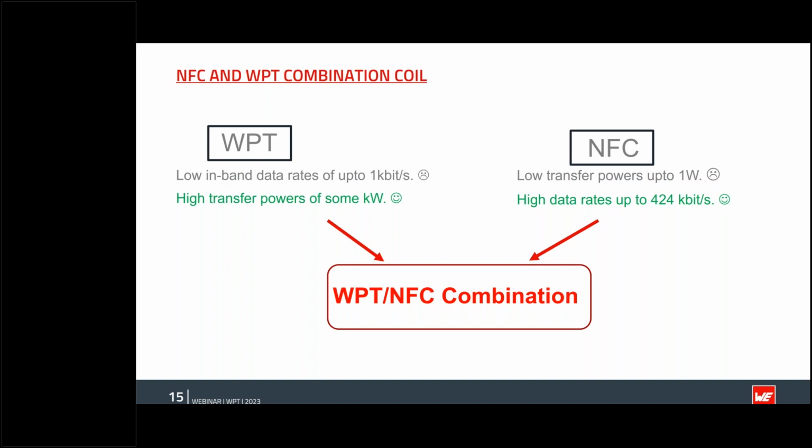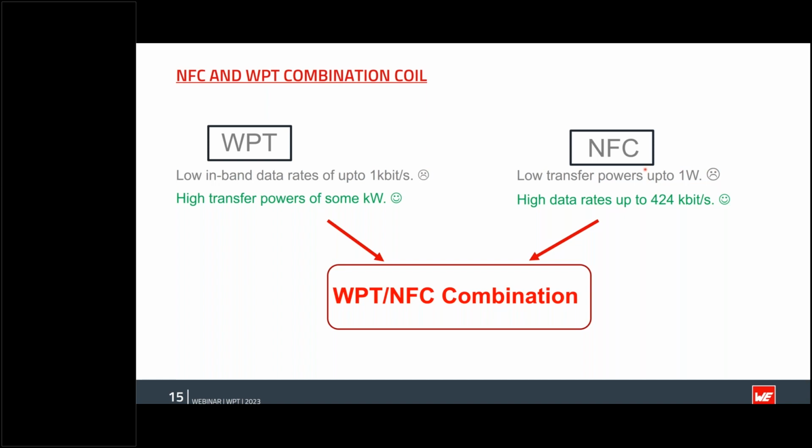To make short points about the advantages and disadvantages: the advantage is that in WPT we can transfer high powers of up to some kilowatts, whereas in NFC technology we can transfer very high data rates of up to 424 kilobits. But the disadvantage in WPT is that it has low in-band data rates of up to just 1 kilobit per second, and in NFC, power of up to just 1 watt.